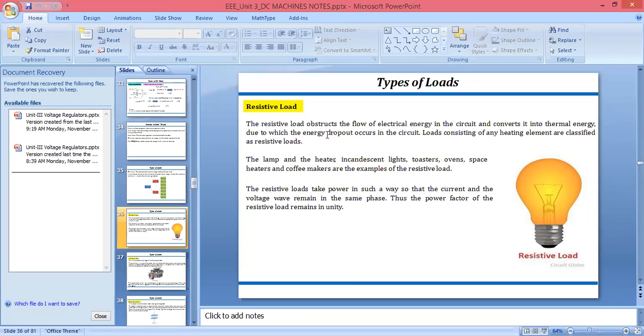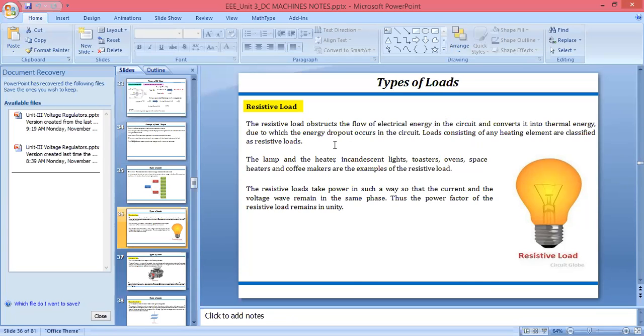It means some potential voltage will get lost as a power loss. So when resistive loads take the electrical energy and convert it into thermal energy, they are doing some energy drop out.